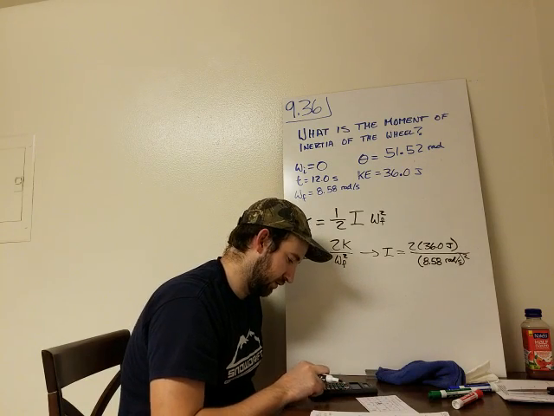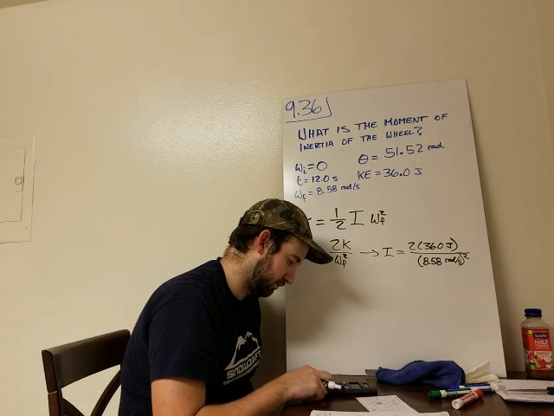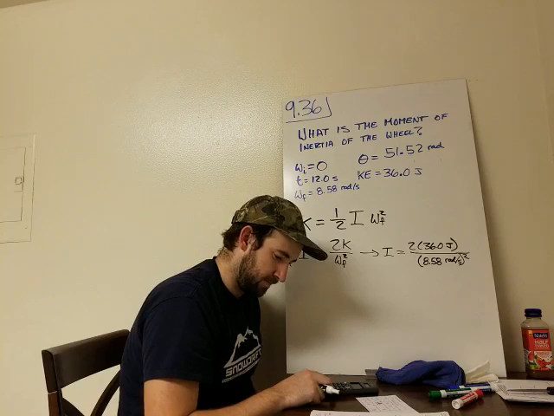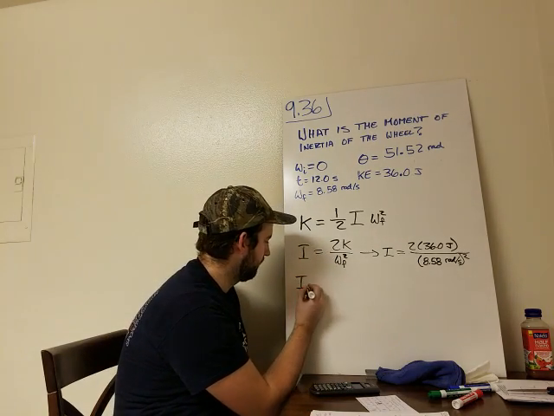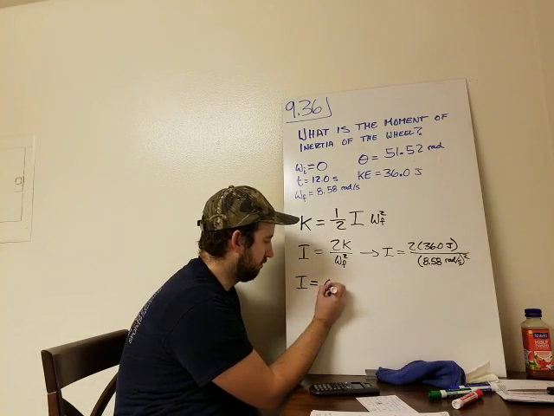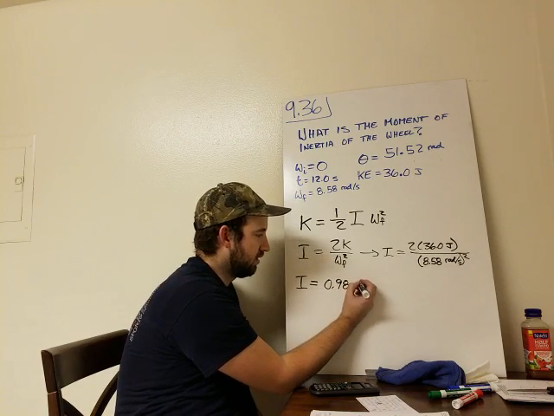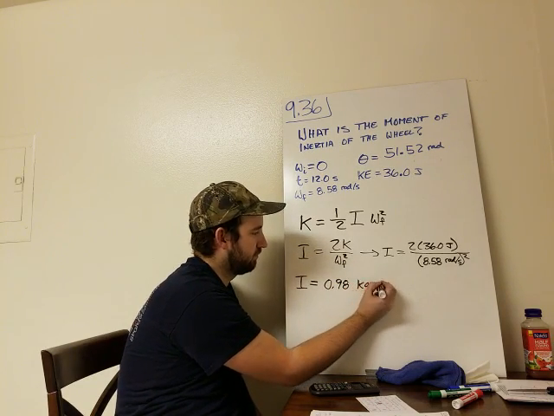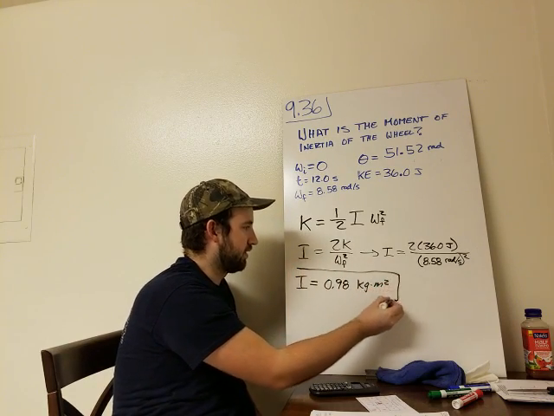We end up getting that the moment of inertia is equal to about 0.98 kilograms times meter squared.